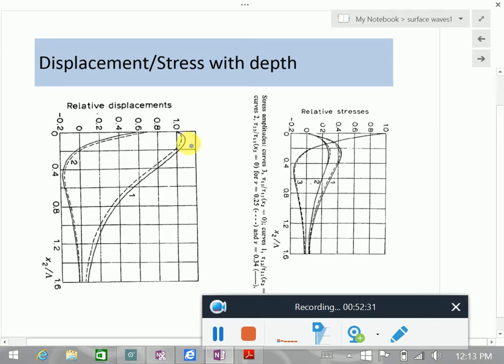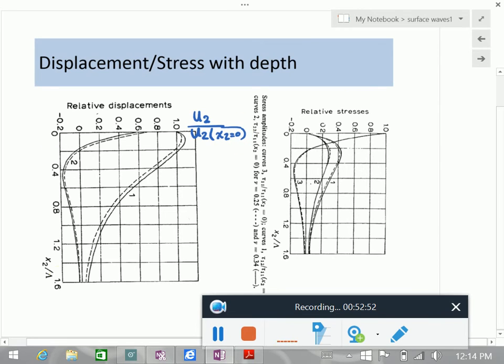The curve number 1 is u2, that's displacement perpendicular to the surface, normalized by u2 at the surface. That's why it's 1 on the surface.